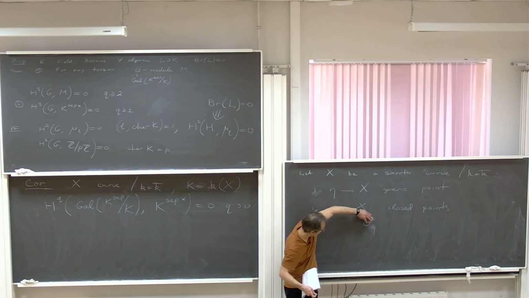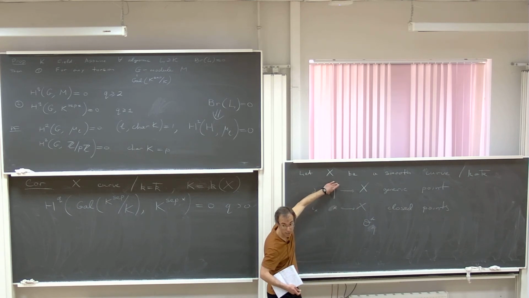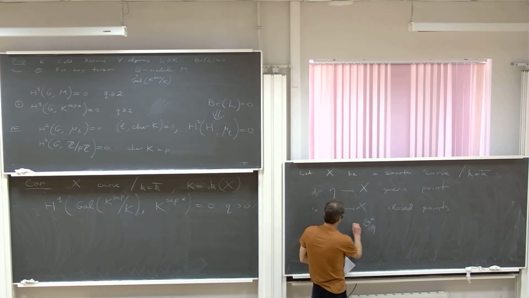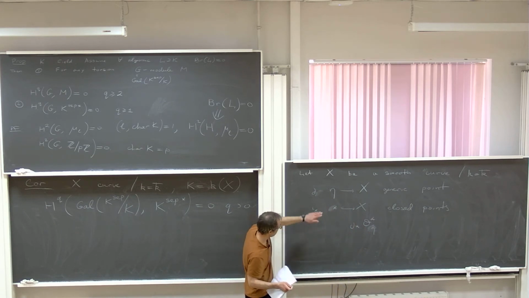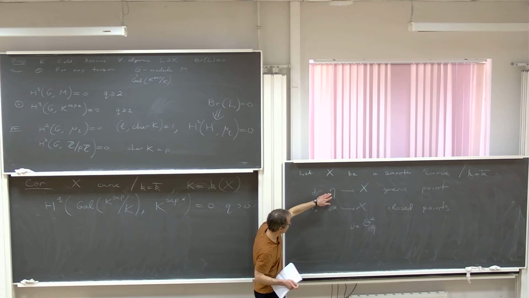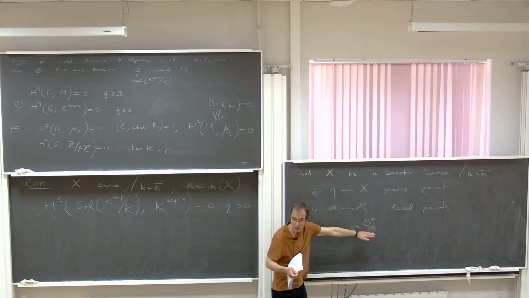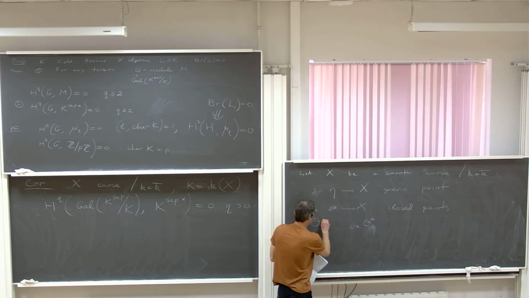So I look at the invertible functions on eta, right? That's an étale sheaf on the spectrum of a field, and this is the multiplicative group. And I take j lower star of that. So I take a sheaf on the generic point and I extend it. You may think of this as non-zero meromorphic functions on X. So here I have regular functions.